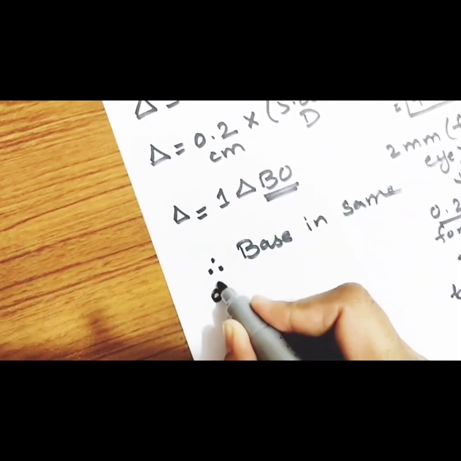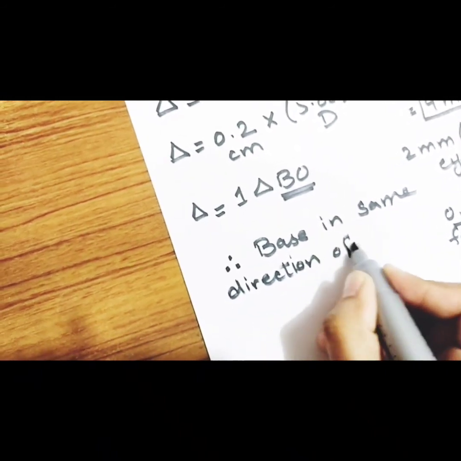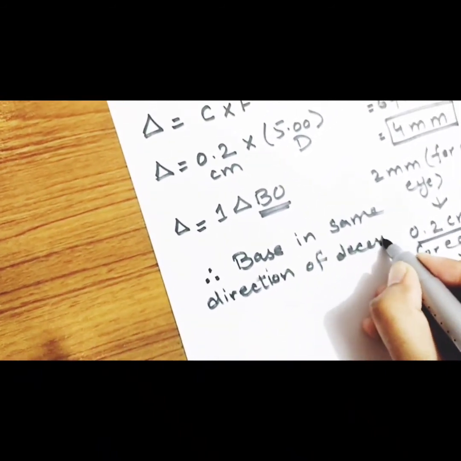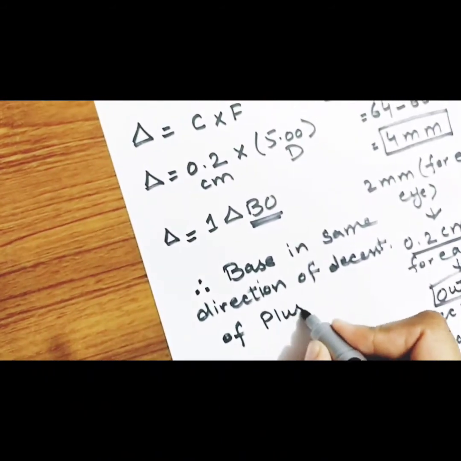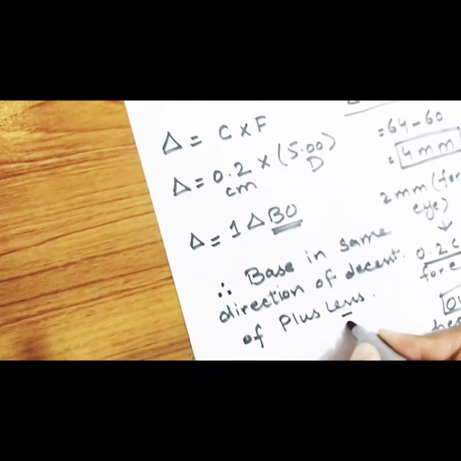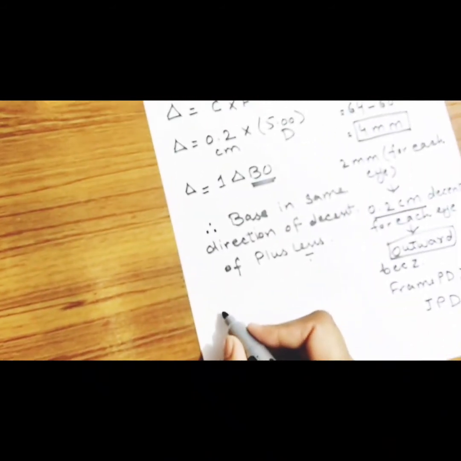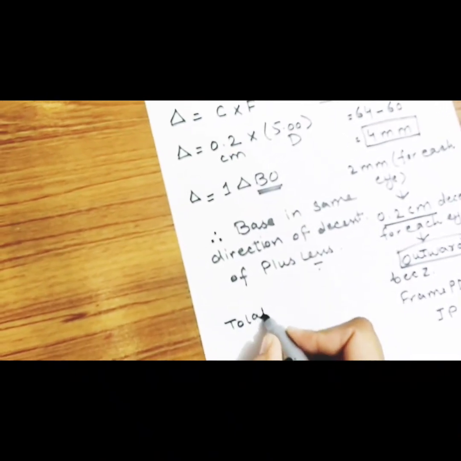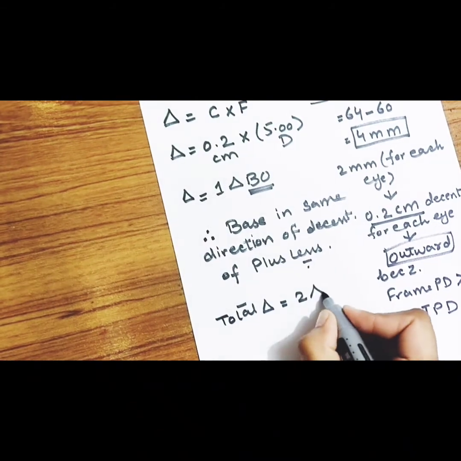As we know, it's a simple rule: in a plus lens, base is in the same direction as decentration, while in a minus lens it is in the opposite direction of decentration. In this example, we have a plus lens, so it's base out decentration.